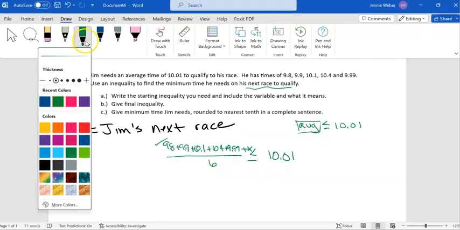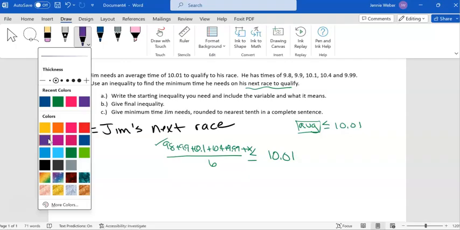Now, by give the final inequality, this means simplify it. Get it down to something reasonable. So I'm going to find my calculator, which I'd moved because I was just helping my son with his homework. So 9.8 plus 9.9 plus 10.01 plus 10.04 plus 9.99.